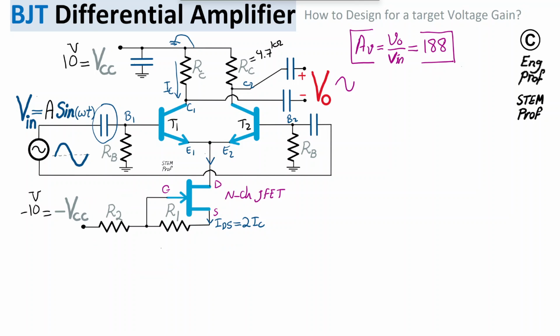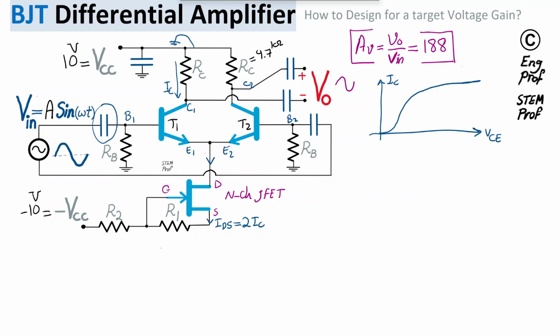As soon as I find that, then I can also decide about the value of R1 and R2 to make sure that the JFET transistor and BJT transistors are operating in the proper region. Recall that the IV curve of the BJT transistor, with the collector-emitter voltage and the collector current, looks like this.